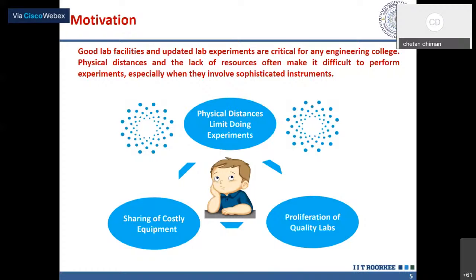Most of the colleges are not able to set up costly labs or buy costly equipment, or if they somehow buy the equipment or set up costly labs, then the updating of that particular instrument becomes a very costly deal, because there are so many experiments which are very sophisticated and need very high-end instruments. So the cost is a very important factor for colleges, and the physical distance.